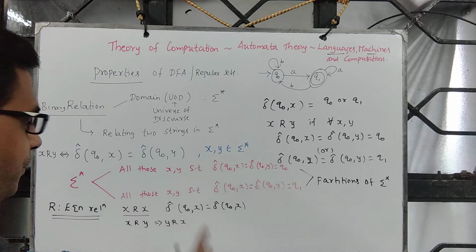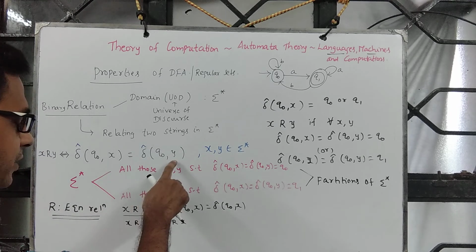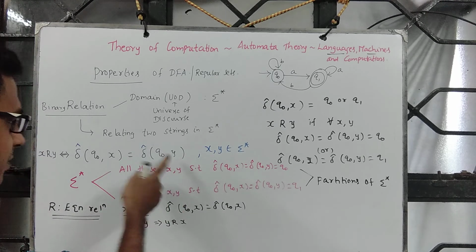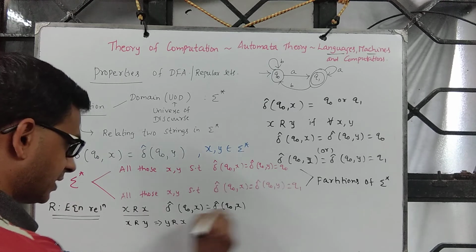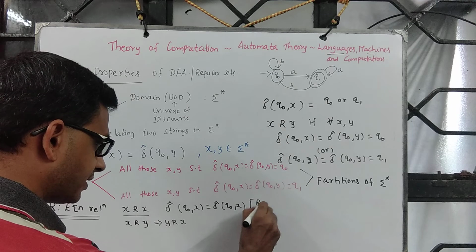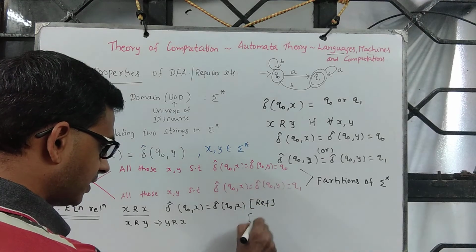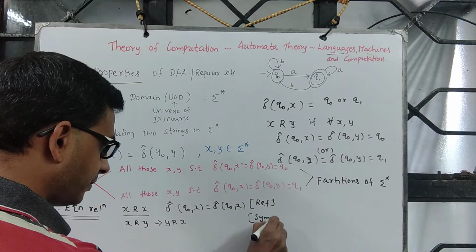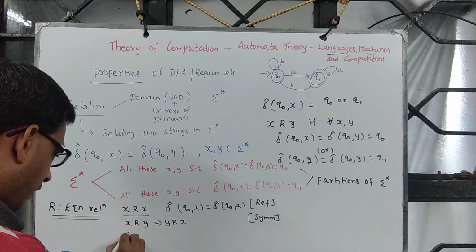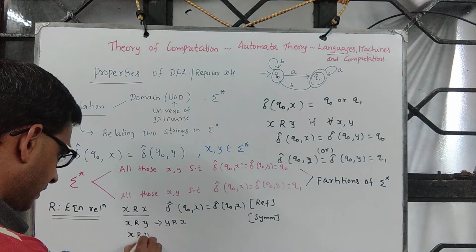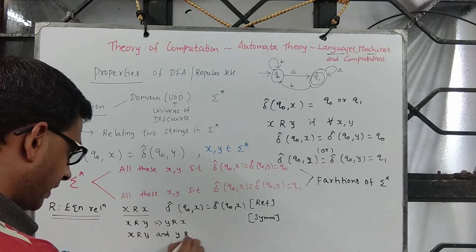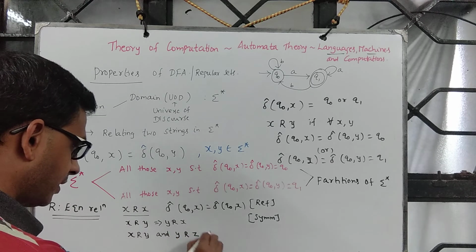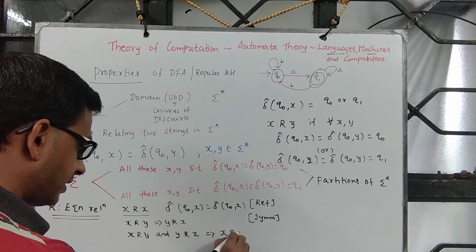If delta of q naught comma x is the same as q naught comma y, which means q naught comma y is the same as q naught comma x, this tells you it is reflexive, this tells you it is symmetric. We also see that if x is related to y and y is related to z, it implies that x is related to z.